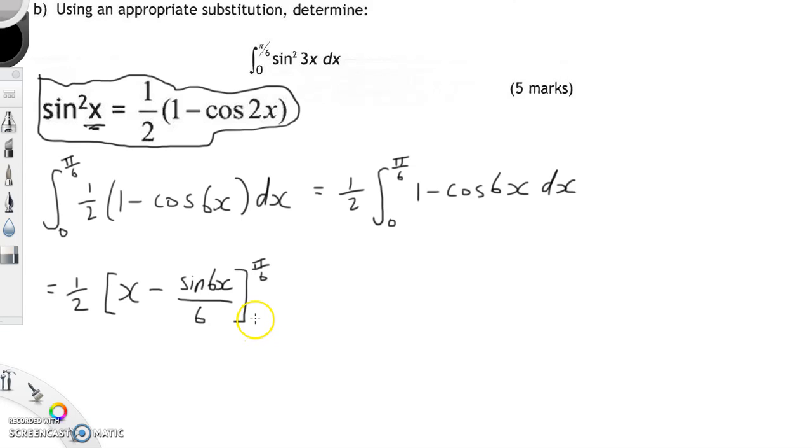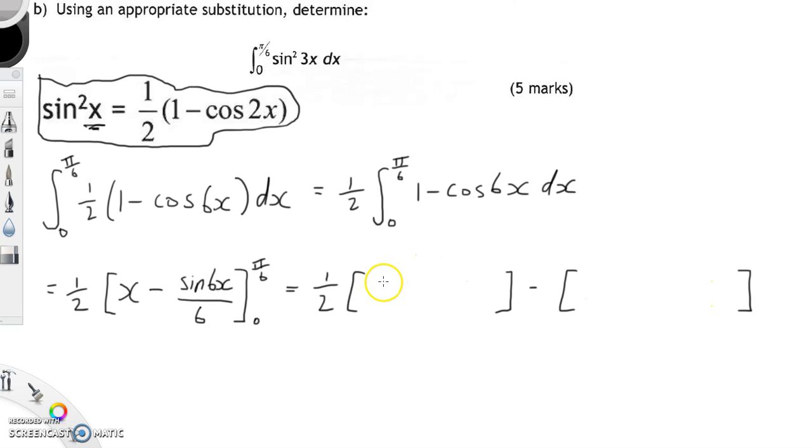Pi over 6 and 0. Now, the sine of 0, if I remember rightly, is 0, which makes life easy when we're applying our limits. So we will still have our half, and we're going to have something minus something.